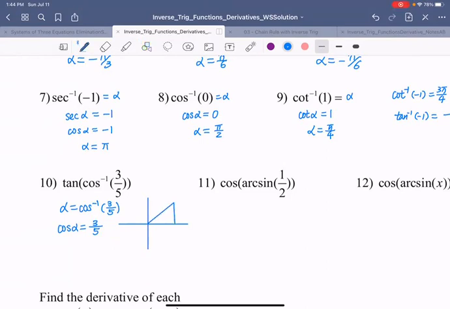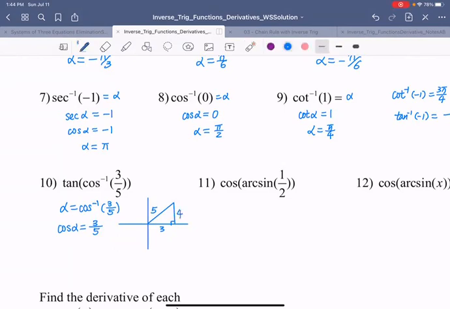Cosine is adjacent over hypotenuse. Adjacent is 3, hypotenuse is 5. This is a right angle. How much is this side? Is it 4? That's right.